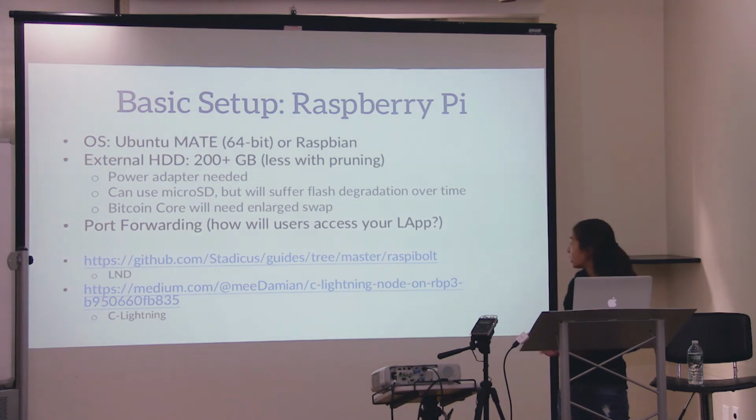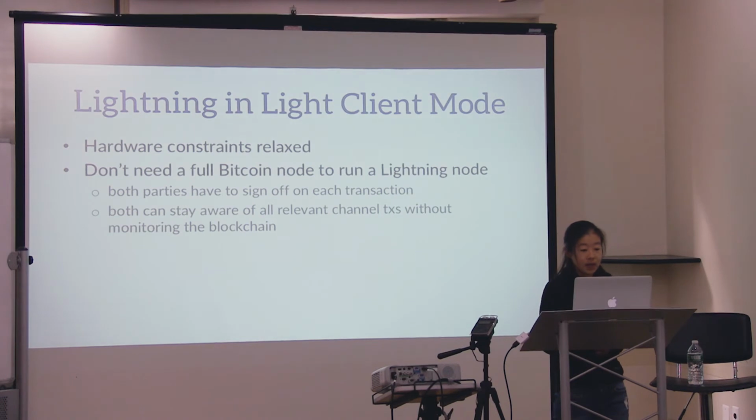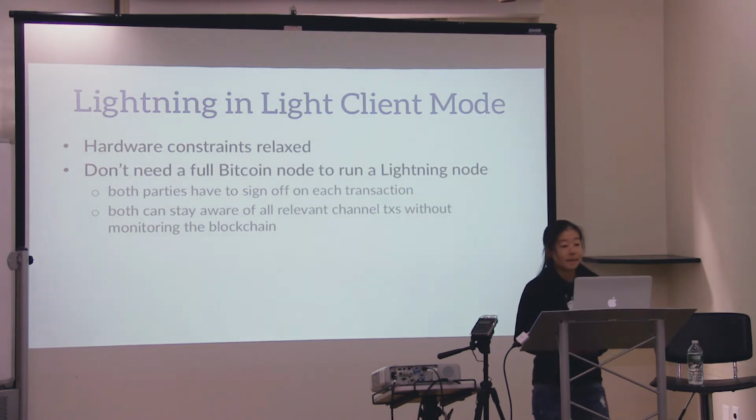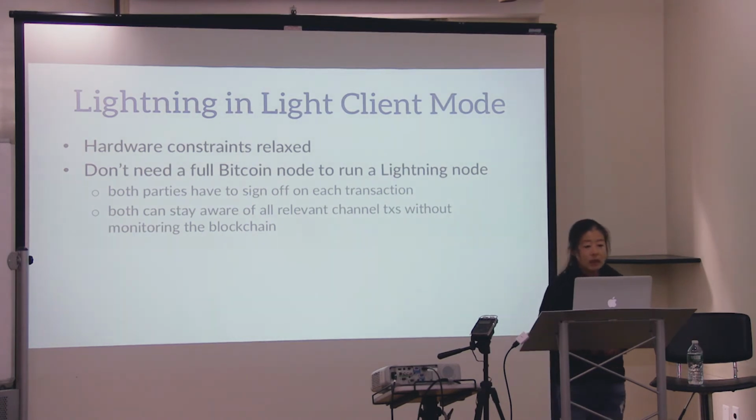The first link is about setting up a Lightning node with a full Bitcoin node using LND, and the second one uses C Lightning. So those are good resources. One tricky point that we would still have to deal with is that we're going to need to accept inbound connections, but I'll get into that after.